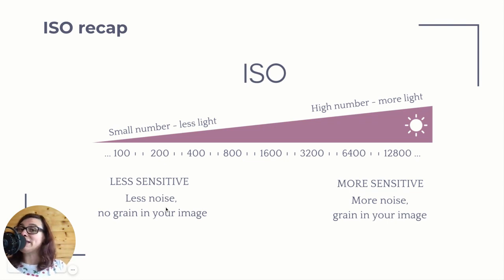That also means there's less noise and your image will have no grain. While if we have a high number, the sensor is more sensitive to light, which means it will capture more light. However, we will also have more noise and more grain, therefore losing some quality in our image.